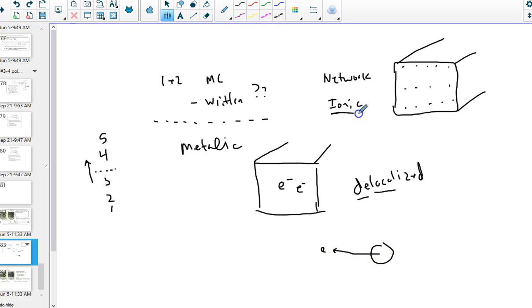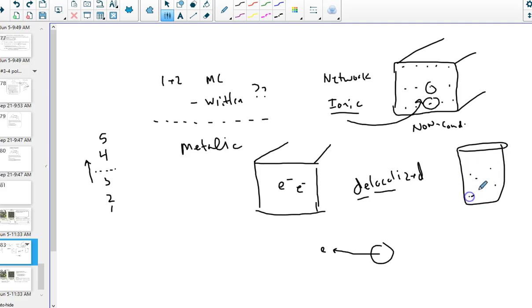This is not the case for an ionic compound. Because ionic compounds are locked in spots, it is a non-conductor as a solid. If you were to dissolve it in a liquid, it's going to be able to move around and it becomes a very nice electrolyte.